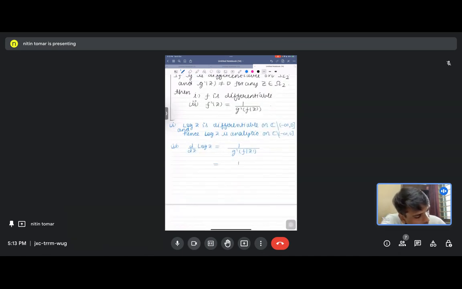It is exponential only. So this is exponential of log z. Do all of you agree with this? Because g z was e z. So the derivative turns out to be 1 upon z, for all z in the domain.